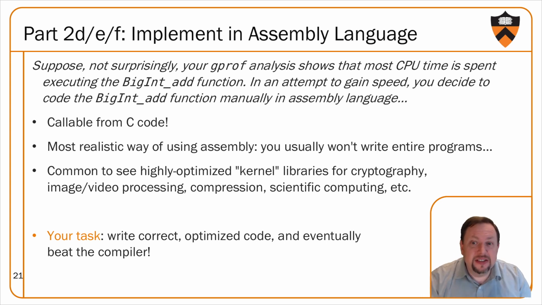So this is essentially what you're going to be doing in the remainder of part 2. You want to write correct, optimized code. And like we said, if you do a good enough job, eventually you'll actually beat the compiler.